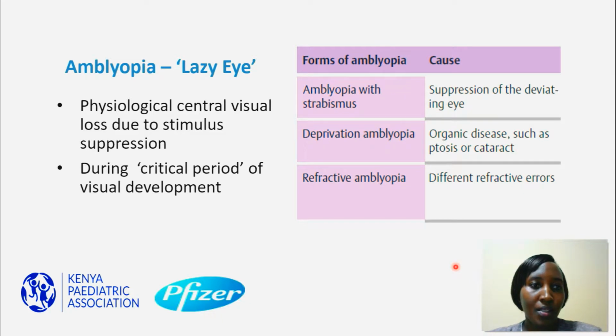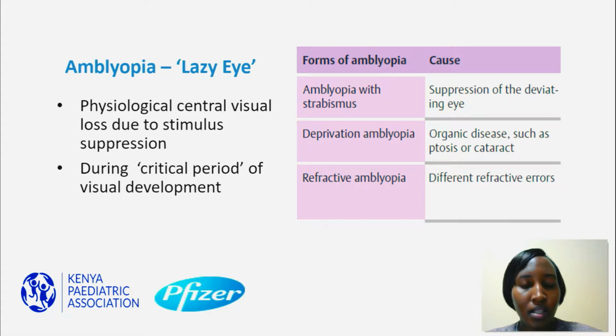And this brings us to our next slide, where we are going to briefly discuss amblyopia. Amblyopia in layman's language means lazy eye. It basically means a physiological central visual loss due to stimulus suppression.